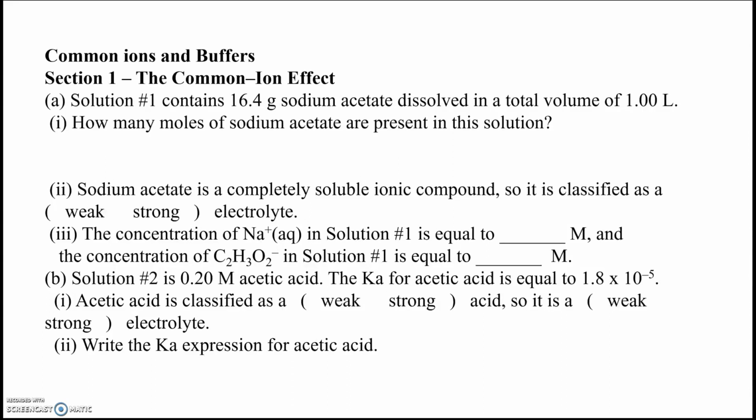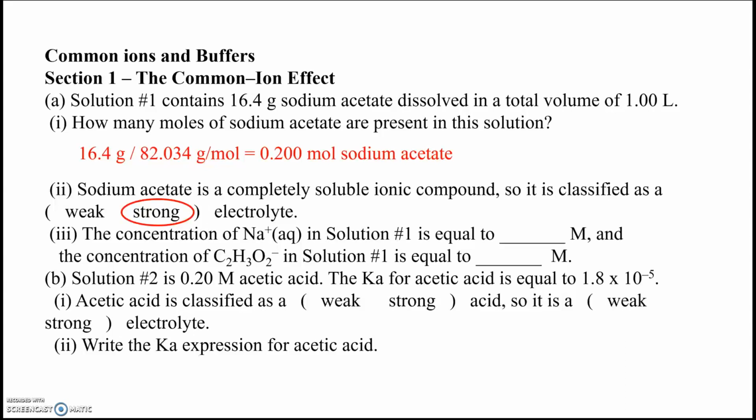The first part says solution number 1 contains 16.4 grams of sodium acetate dissolved in a 1 liter volume of water, and asks us to compute the number of moles of sodium acetate. Straightforward, divide by the molar mass and we get 0.2 moles. Now, sodium acetate is a completely soluble ionic compound, so is it a weak or a strong electrolyte?